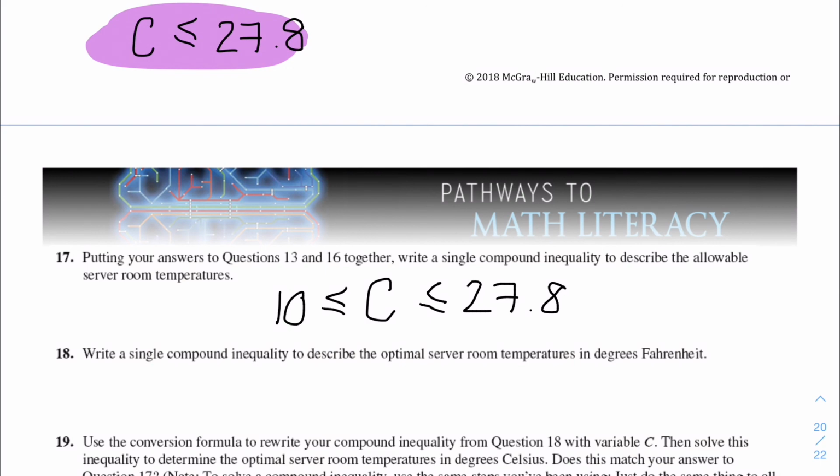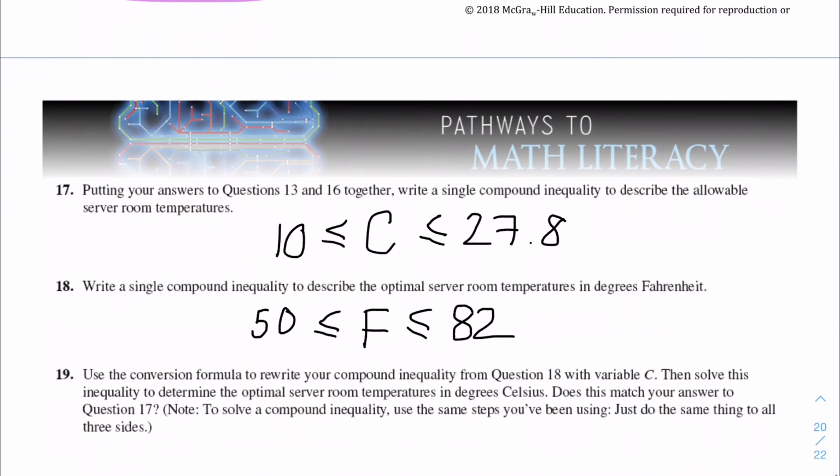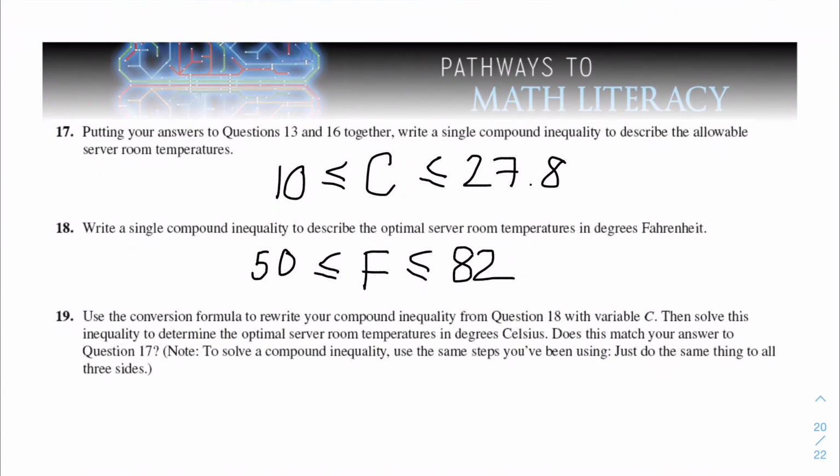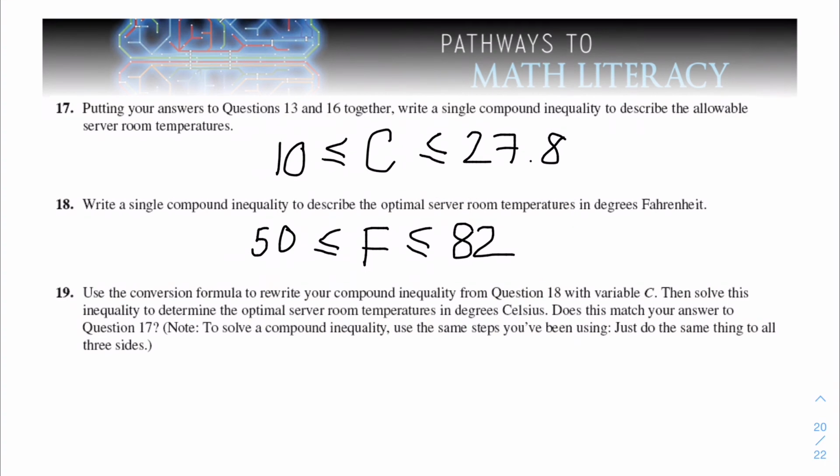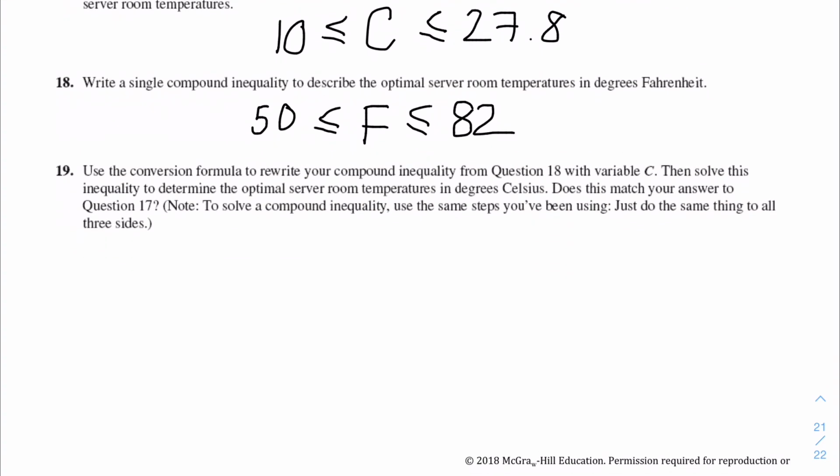In terms of Fahrenheit, from the original statement, at a minimum, the room had to be 50 degrees Fahrenheit, and at a maximum, it should be 82, right? So what we can actually do, instead of going through and solving these two separately, we really could solve this inequality in one shot using that conversion rate.